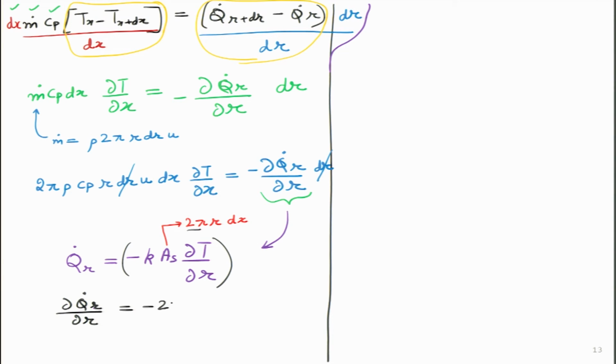So, it will become 2 pi minus 2 pi k. Dx also I can take outside because it is a partial derivative with r. What will remain inside will be simply del by del r into r, right, del t and del r.